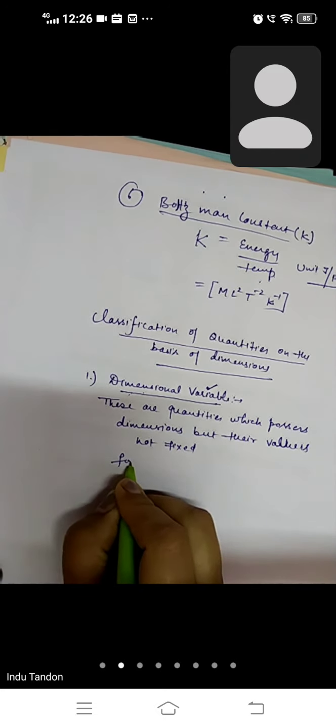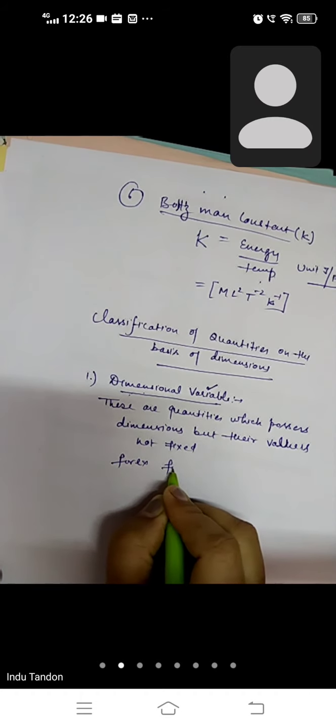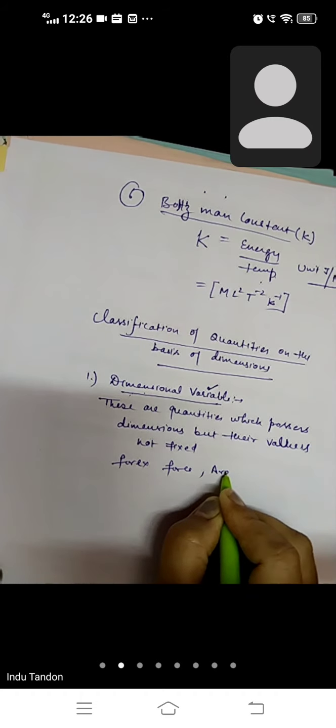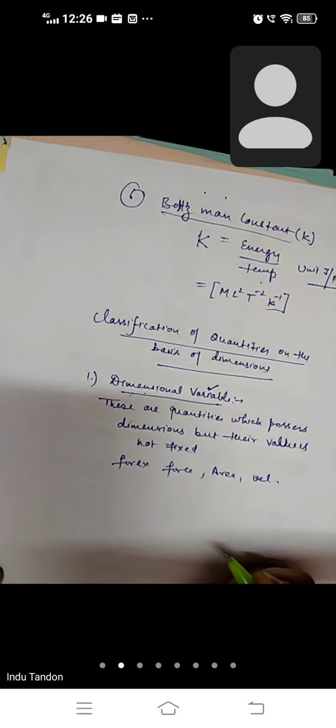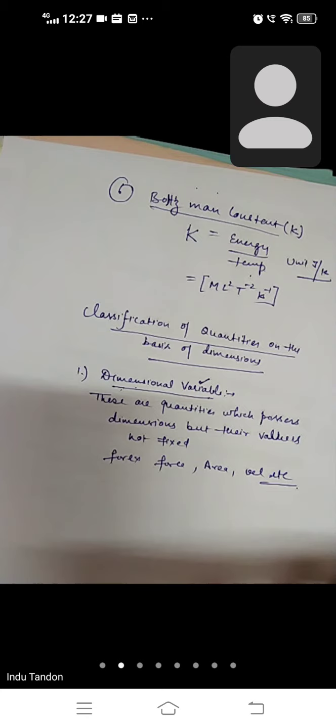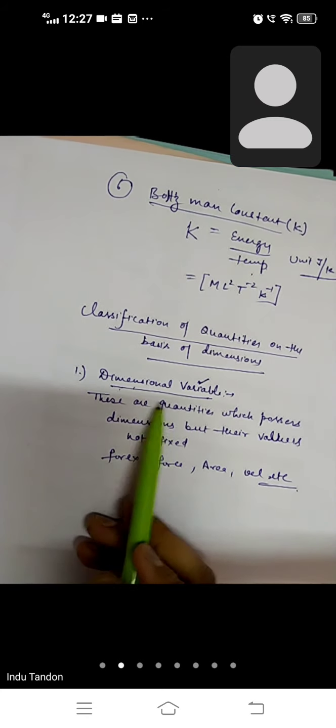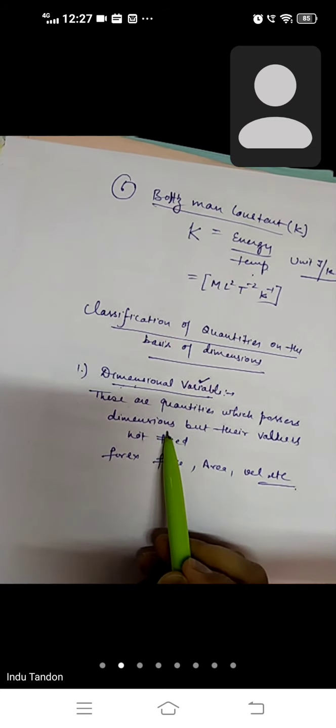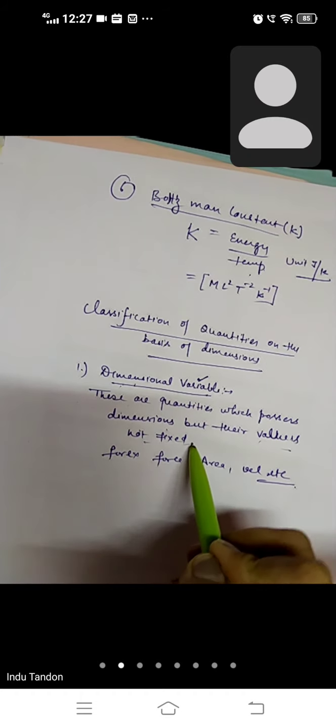For example, force, area, velocity, any quantity whose value is not fixed. The name itself says dimensional variable. These are those quantities which possess dimensions but their value is not fixed.